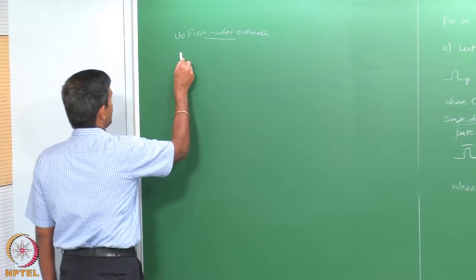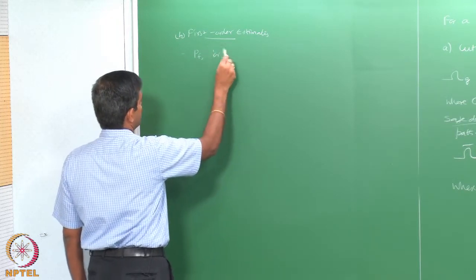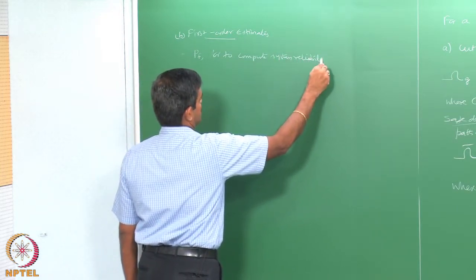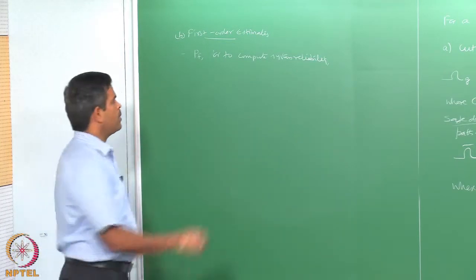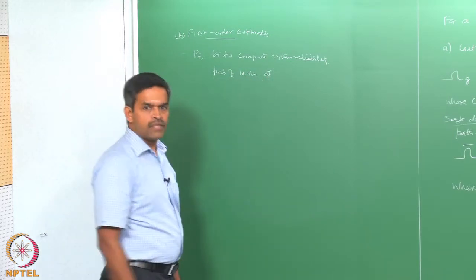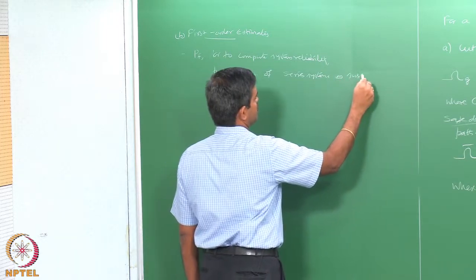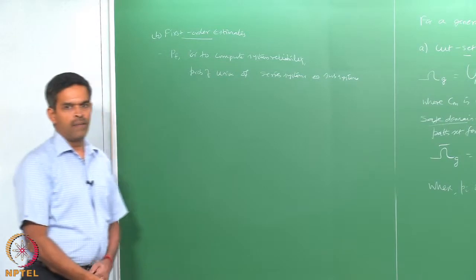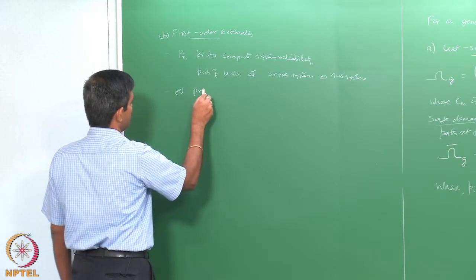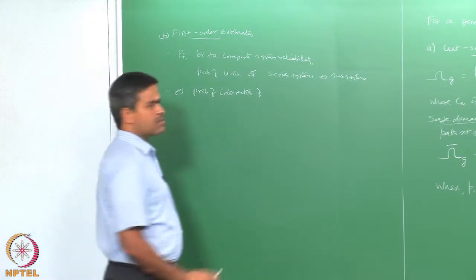So, if you really want to find the probability of failure or to compute the system reliability, one needs to estimate the probability of the union of series systems or subsystems, or the probability of the intersection of parallel systems or subsystems.